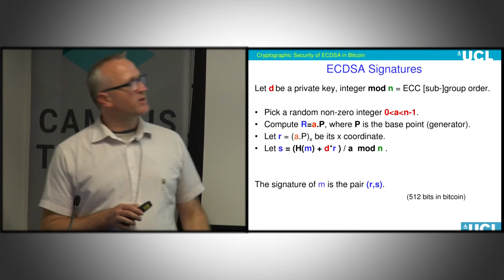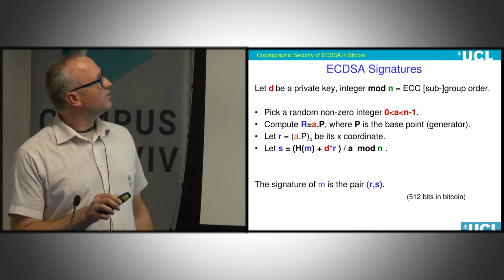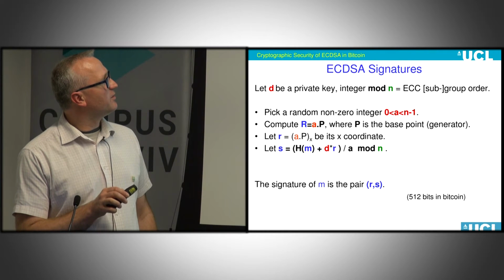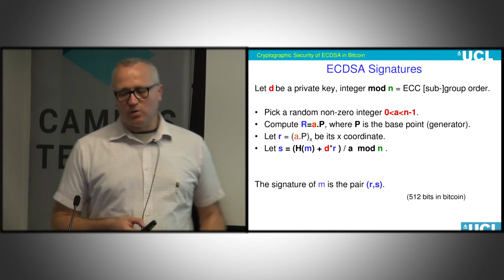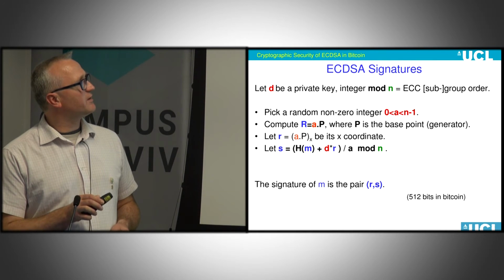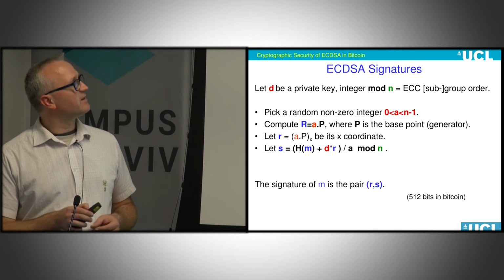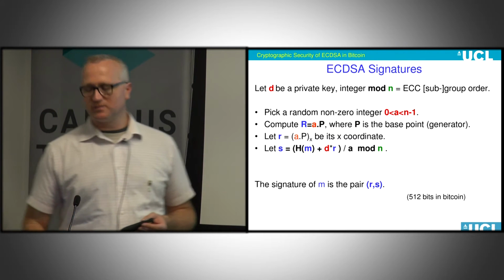Bad randoms occur in ECDSA signatures when you take some random number A and multiply it by the point on the curve P, and this is the random value which is published in the blockchain. If you have these A's identical, these values will be identical. In my paper, you will also find related attacks in which these are not identical but related.